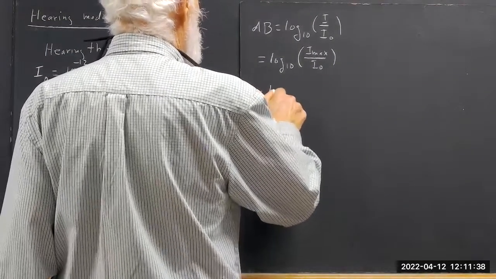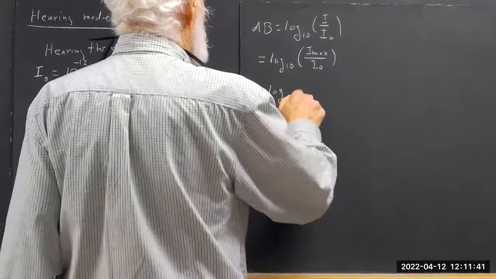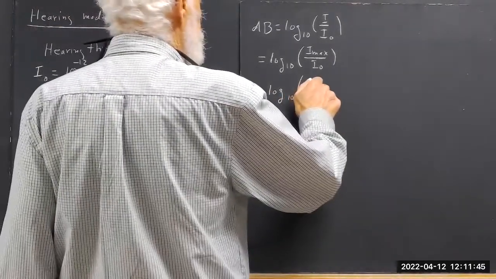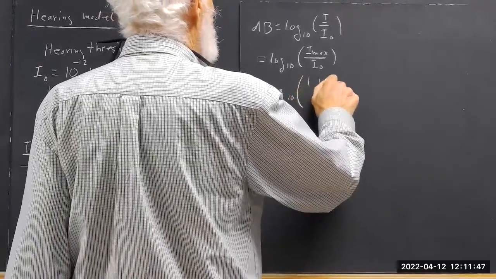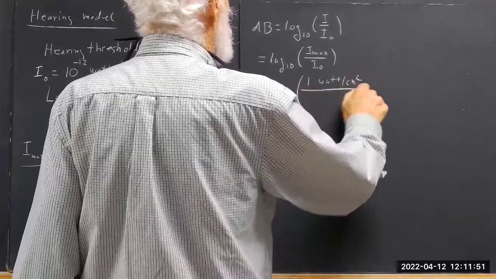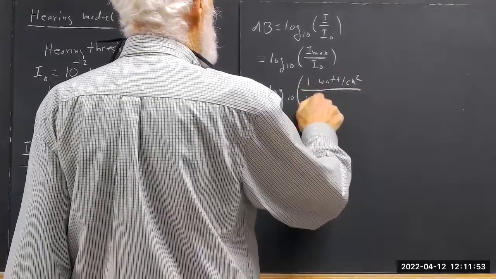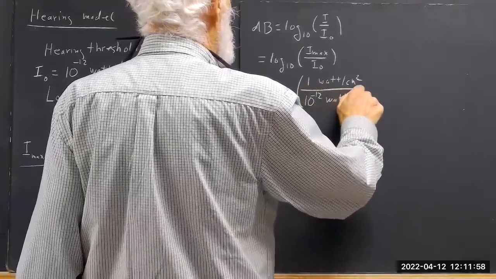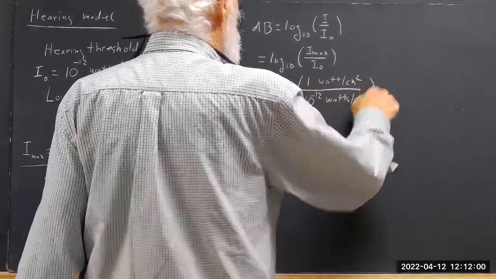So this is log to the base 10 of 1 watt per square centimeter divided by 10 to the negative 12 watts per square centimeter.